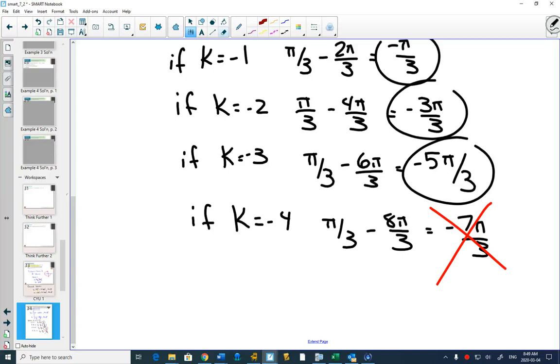So you can use your general solution to find actual solutions just by plugging in values of k that fit the domain that you're given.